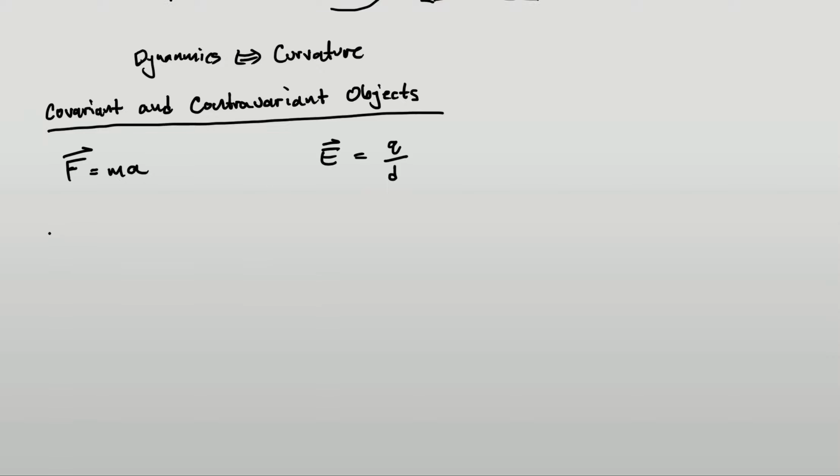Well, we can say that if A, in this case, the acceleration, is 9.8 meters per second squared, and we translate that to a different coordinate system, and say that this is 0.0098, this is the same thing as kilometers per second squared.